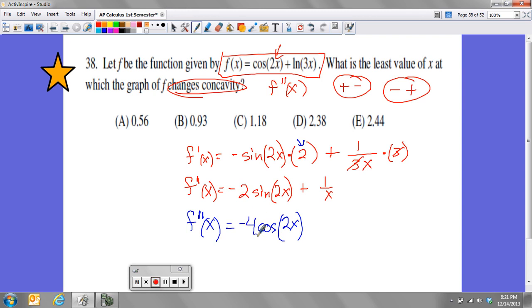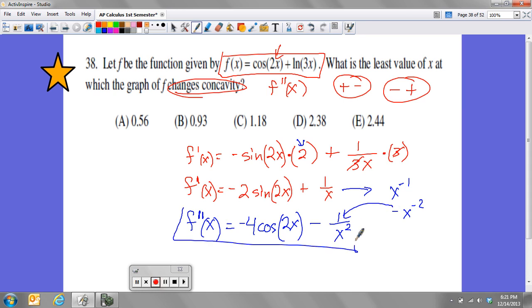So it'll give me a negative 4. Now this right here, I can rewrite as x to the negative 1, so that the derivative is negative 1 over x to the positive 2. If I were to take this independently, it's negative x to the negative 2, which shows that this is what I get.